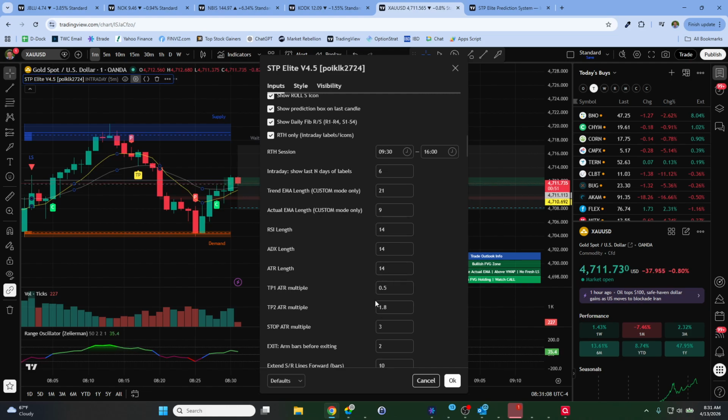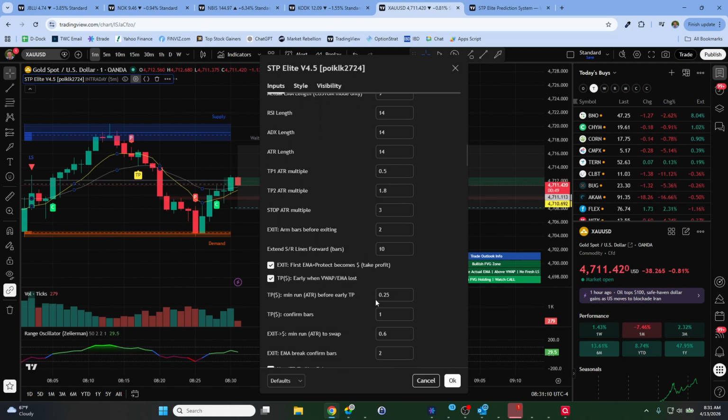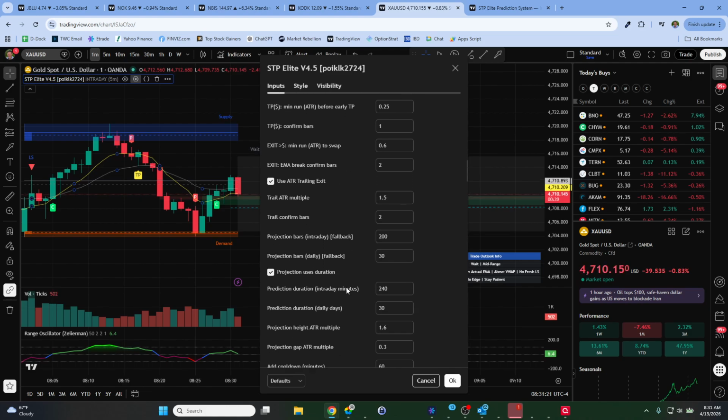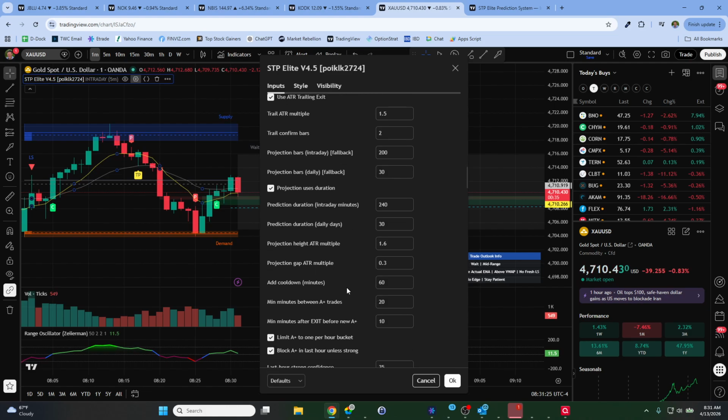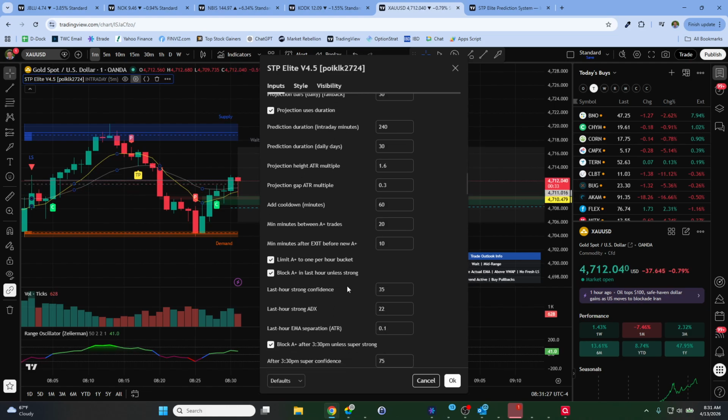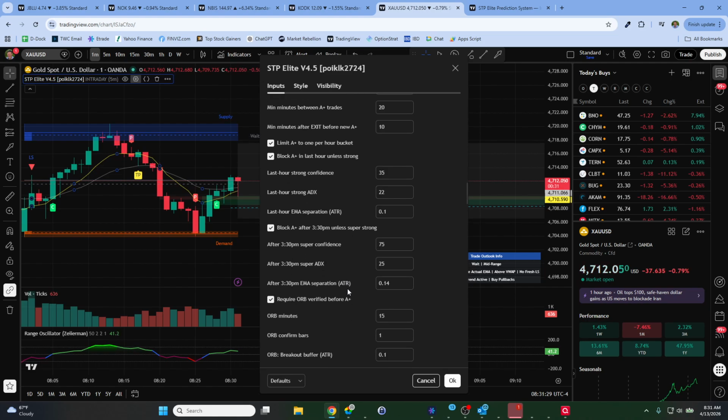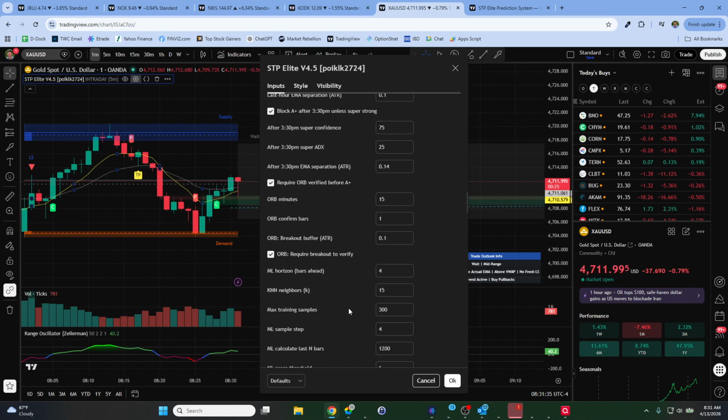You can play around with this and customize this to be what you need or would prefer to give you the most desired results. So if you wanted to come through here, you can set it up so that the exits fire sooner or later if you're more risk averse or risk tolerant in your trading.